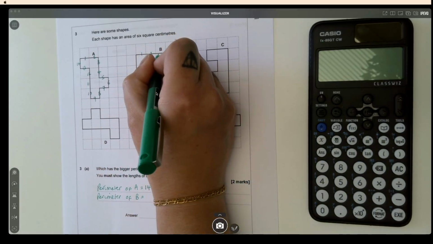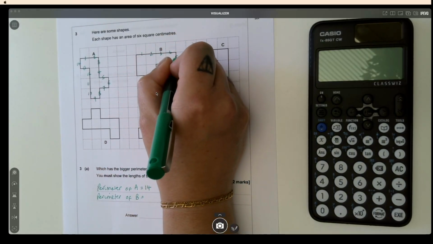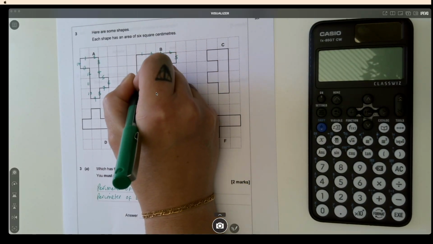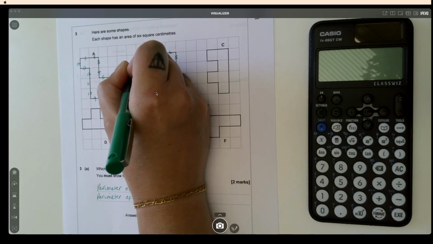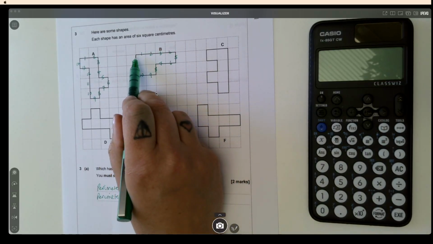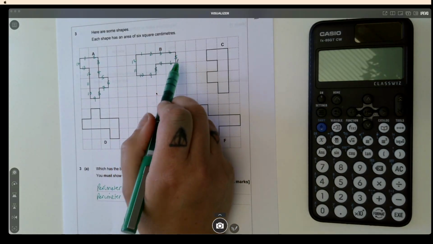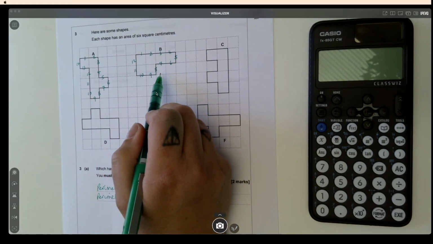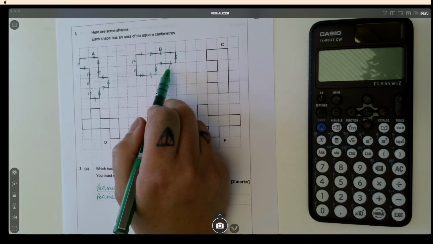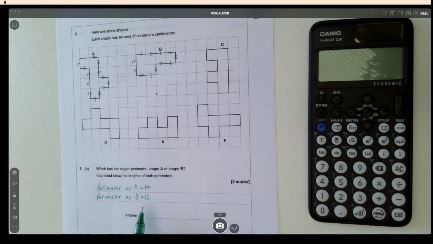So 1, 2, 3, 4, 5, 6, 7, 8, 9, 10, 11, 12.